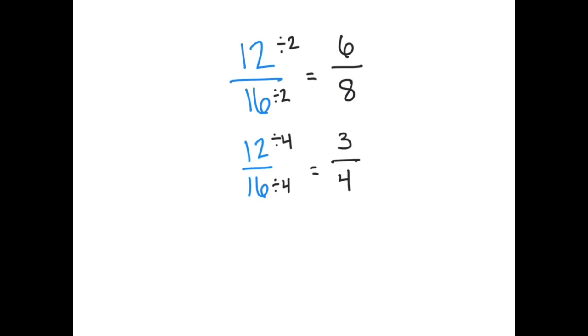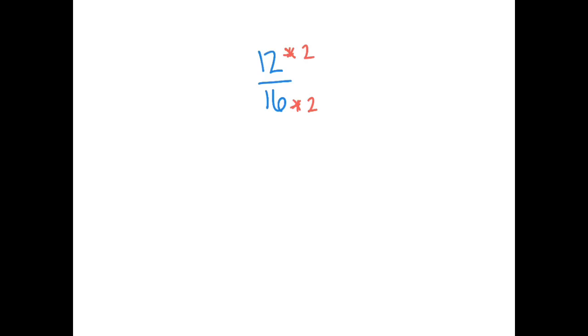So we have 6/8, and we're going to go back to our 12/16, and we are going to find an equivalent fraction, this time with a larger denominator. To find one with a larger denominator, you multiply. You can choose any number you want to multiply by. So I always like to start off with multiplying by 2.